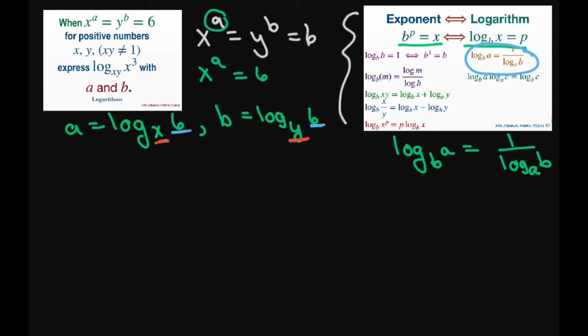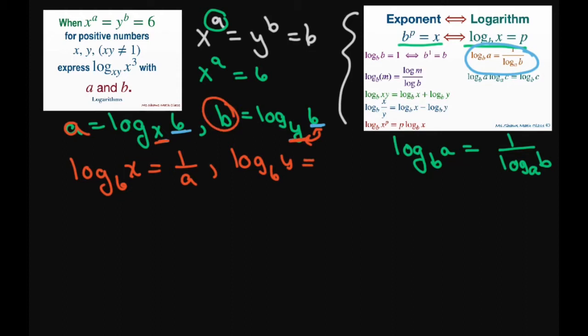That means I'm going to have log base 6 of x, and instead of a, it's going to be a fraction, 1 divided by a. Similarly, we're going to have log base 6 of y. We're switching these around, but we have to reverse this as 1 divided by b.